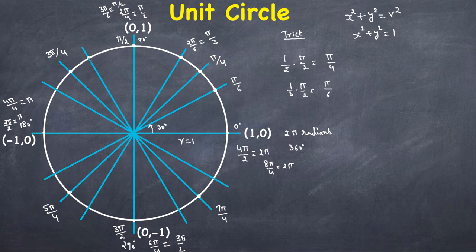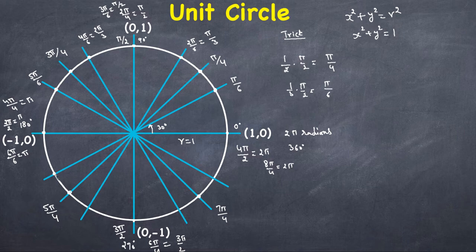And this one here is going to be 4 pi over 6, which is going to be 2 pi over 3. Now we are here. This is 5 pi over 6. And now we are here. This is 6 pi over 6, which is again equal to pi.